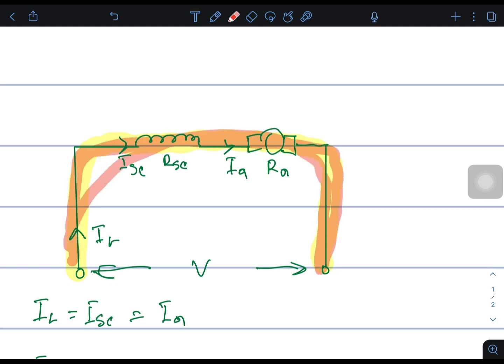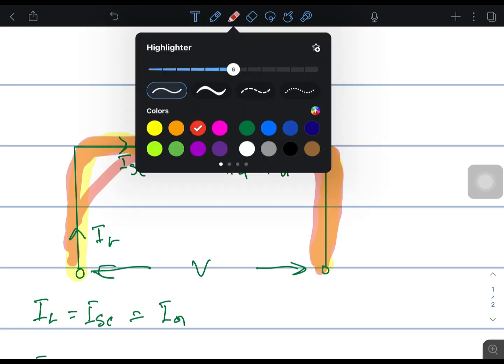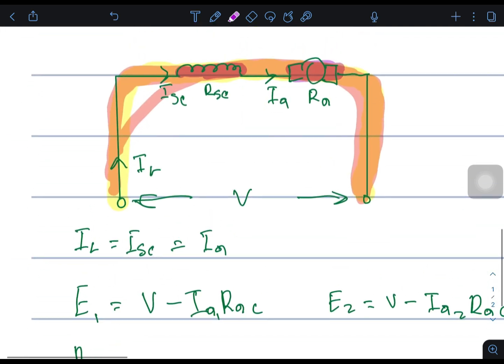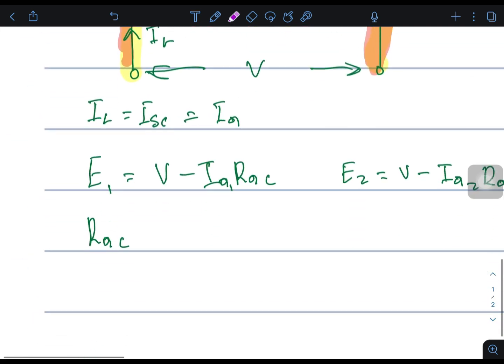This whole armature circuit, whereby there is an armature connected in that loop. And which two resistances am I talking about? These are the series winding resistance and the armature resistance, they are connected in series. So the total resistance of the circuit, which is RAC, is equals to R series plus R armature.